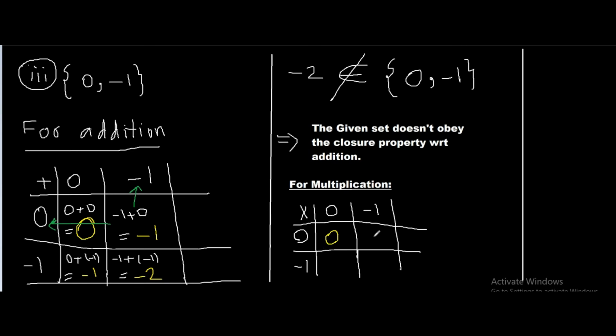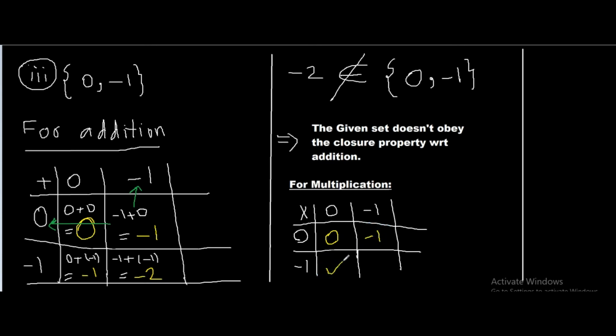The next box has the upper input -1, while the left input is again 0. So these 2 inputs are going to be taken here. Therefore, 0 and -1, the result is -1.